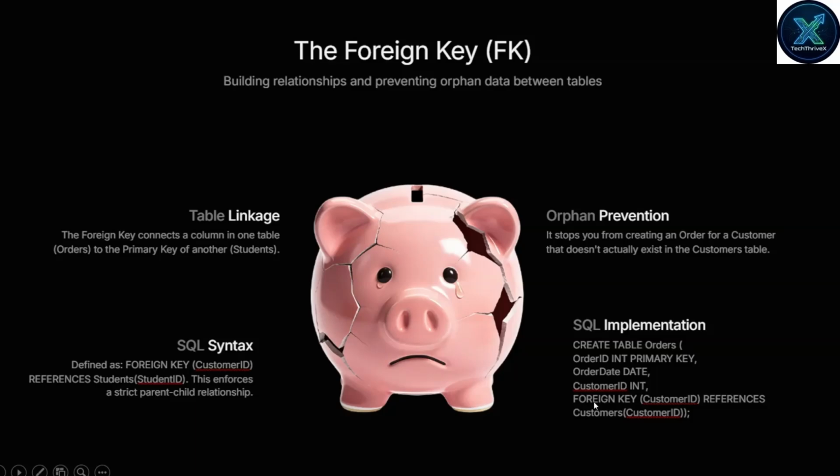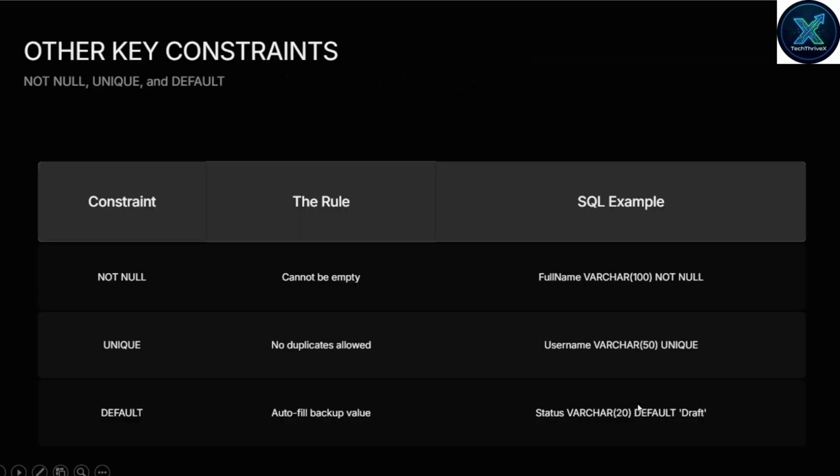And as we discussed, here we are using a foreign key on customer ID, which references the customers table. Customers is the table name, and this is the column of the customers table, customer ID, which means it is not allowing any order if the customer ID does not match the customers table customer ID. That is what it does.